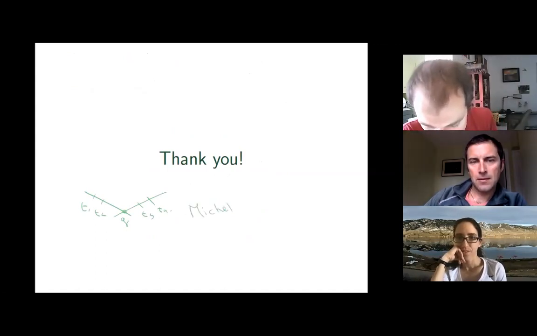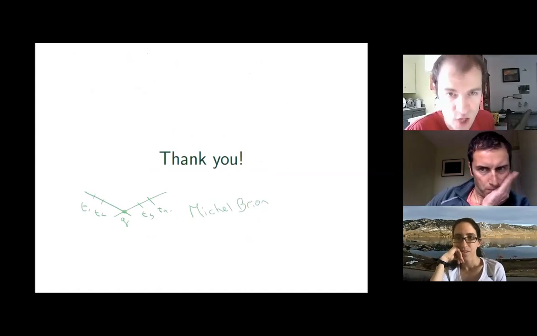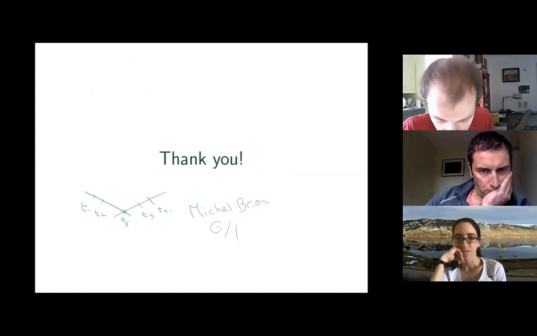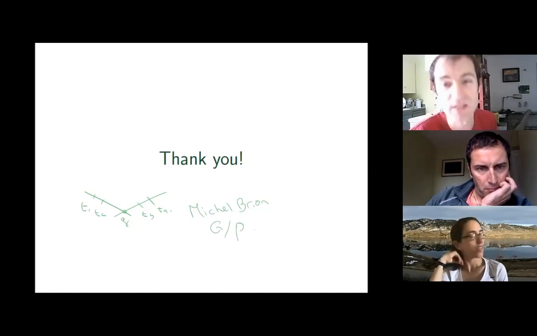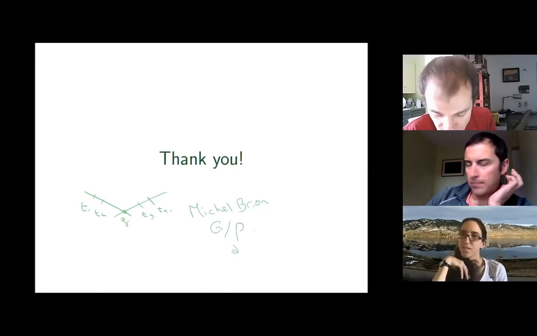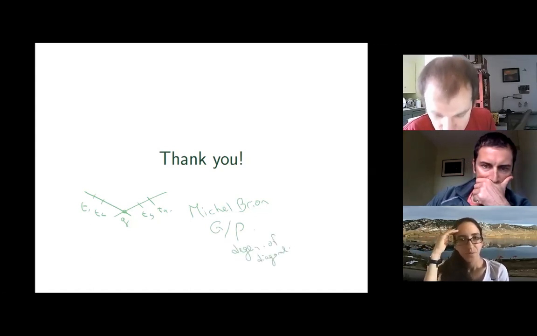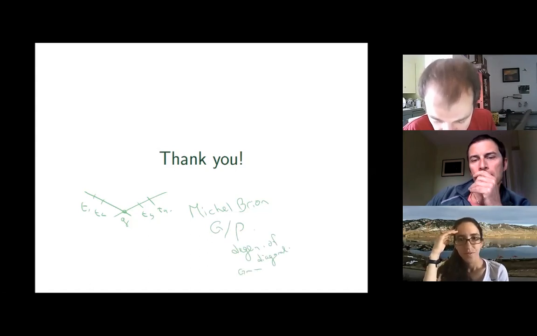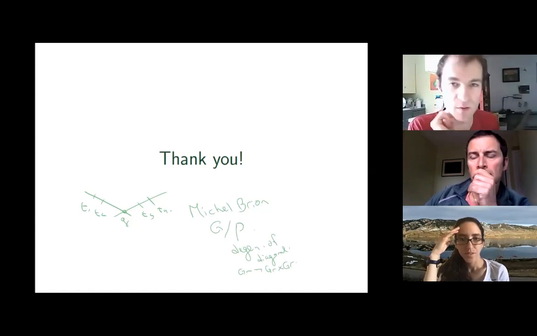Okay. I guess Michel Brion proved something much more general about general G/P, parabolic, and he also proved it for something more general than curves. So he did a degeneration of the diagonal of the Grassmannian inside the Grassmannian cross itself as a union of products of Schubert varieties of all complementary pairs.